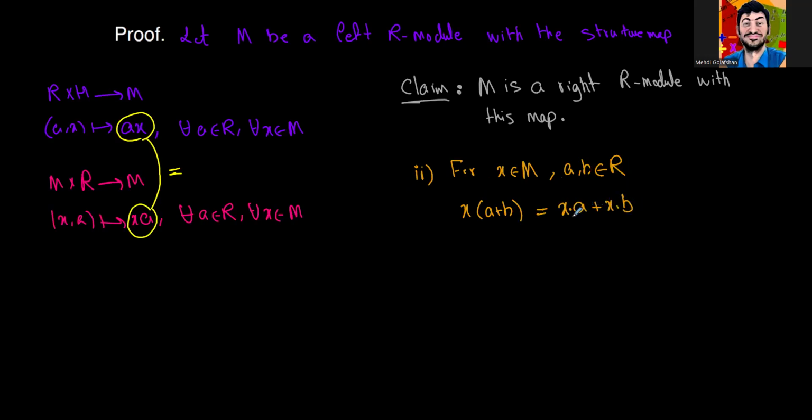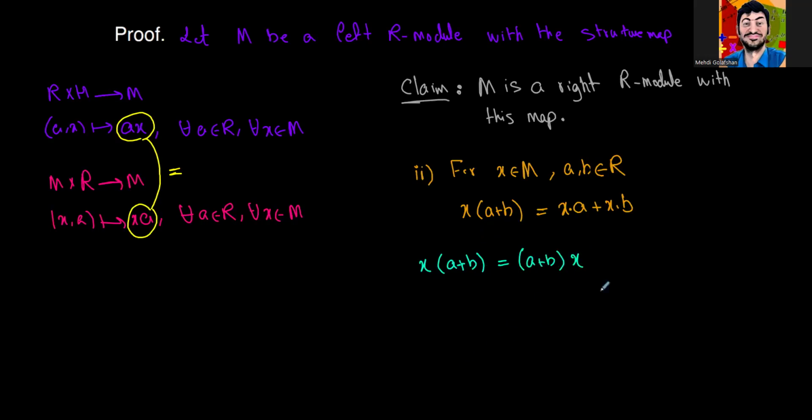Again, we are starting from the left-hand side, x times (a plus b). Because we are working in a commutative ring, you can change the place of x with a plus b. So we can write (a plus b) times x.